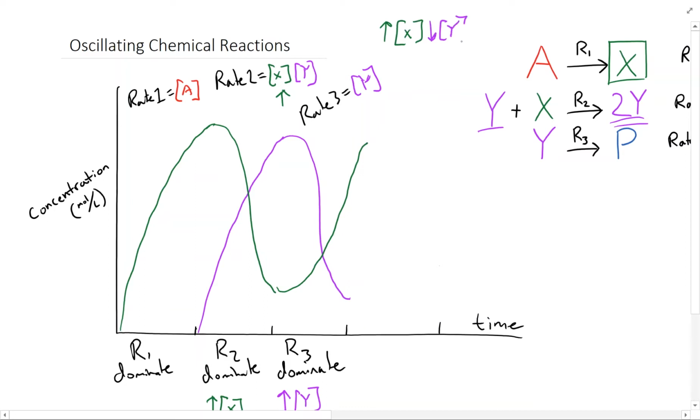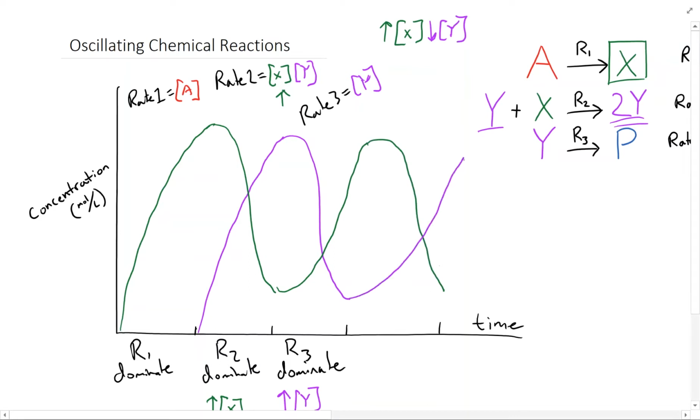Y concentration. Well, because we have low Y concentration, rate 3 will not be going forward. Because we have high X concentration, rate 2 can now start colliding and producing more Y to refill that void because there's so much X around. So what is this going to do? It's going to lower our concentration of X, and it's going to raise our concentration of Y, right?